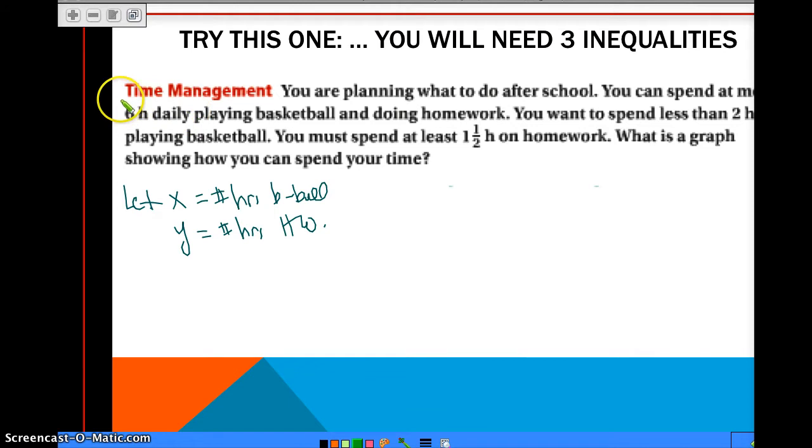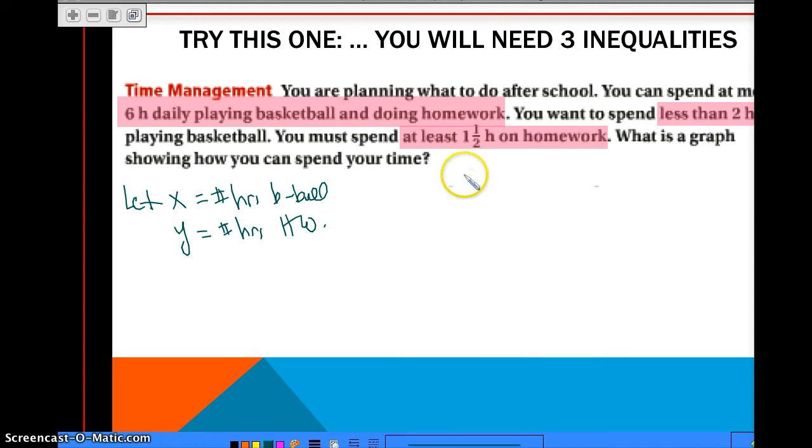We're talking about 6 hours of basketball and homework. We're talking less than 2 hours for basketball and at least an hour and a half on homework. So those are actually our inequalities. So we're going to have 6 hours of basketball and homework, oh, I'm sorry, at most. We don't want to forget that part.